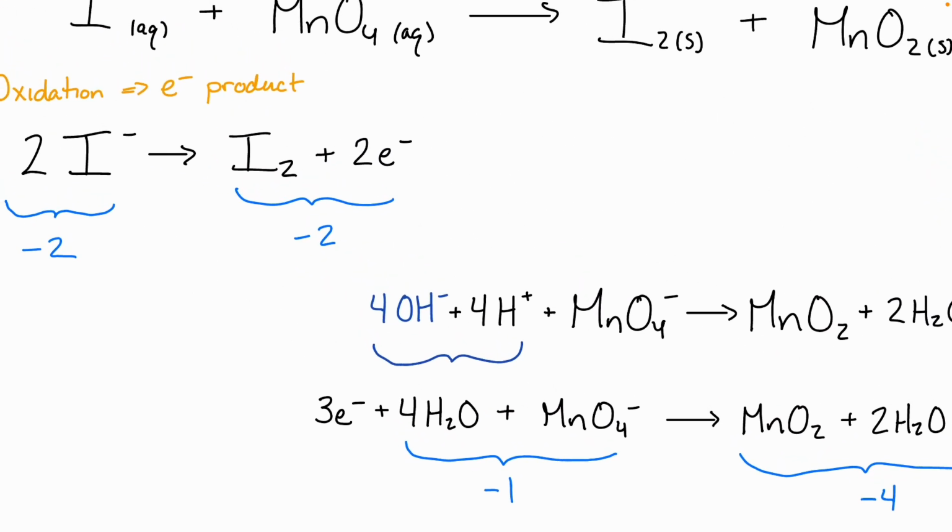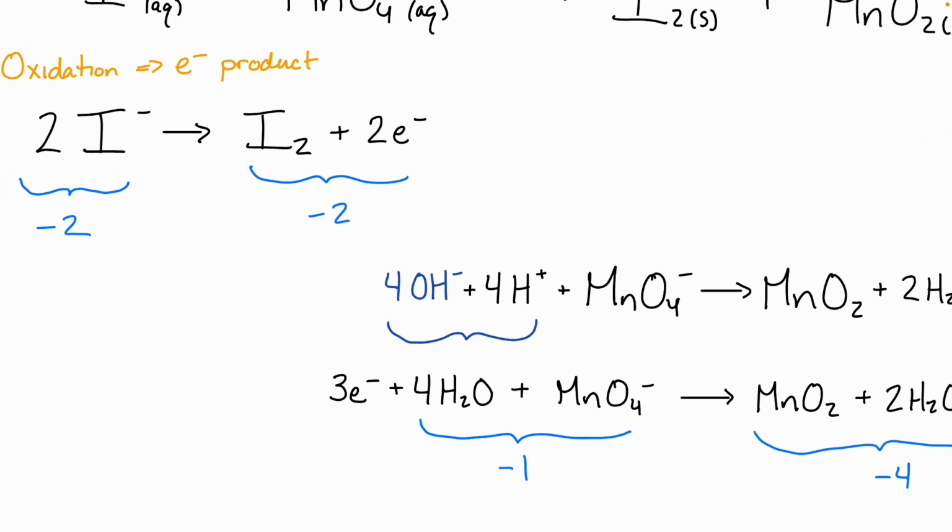All right, so we said oxidation: the electrons are on the product side. Reduction: electrons on the reactant side. And this is a great double check when you're balancing this chemical equation, when you're charge balancing. One thing has to be oxidation and the other thing reduction, right?